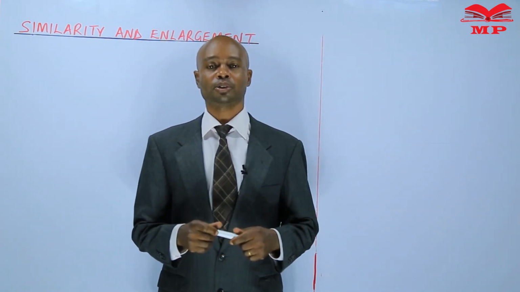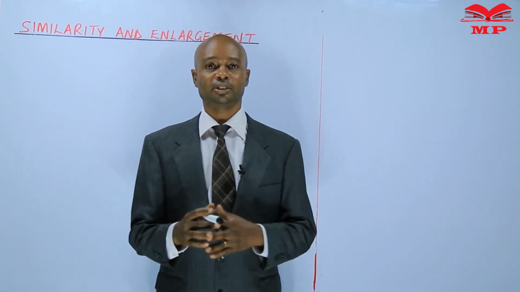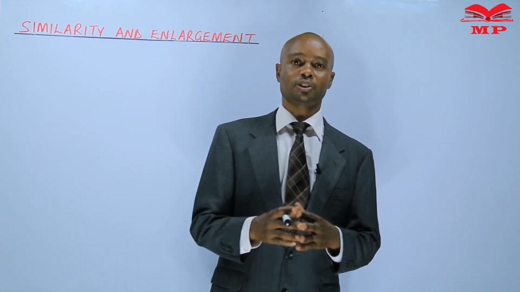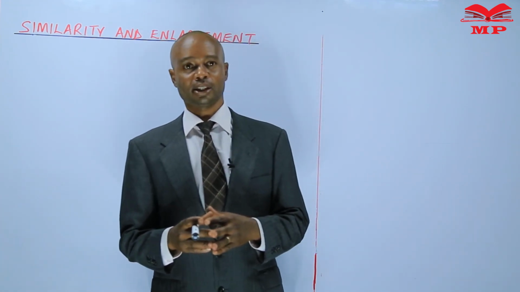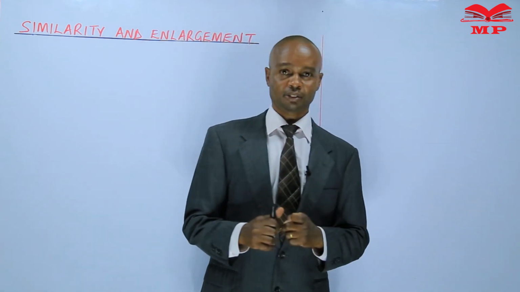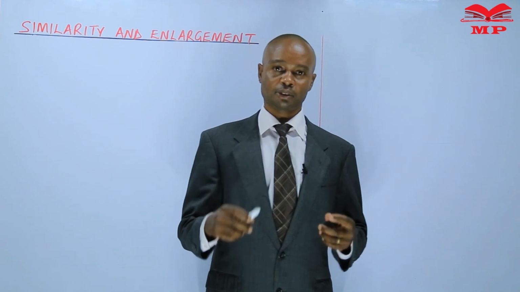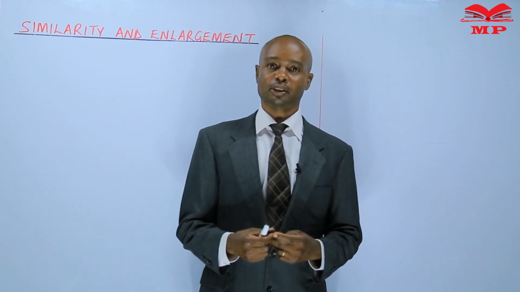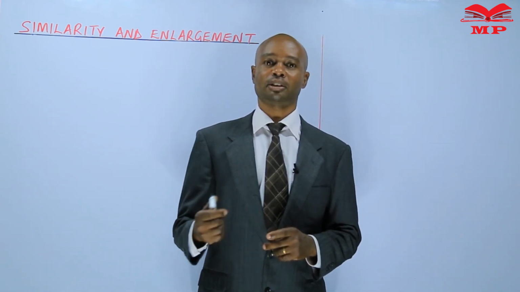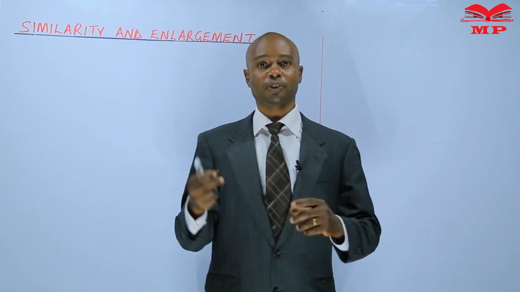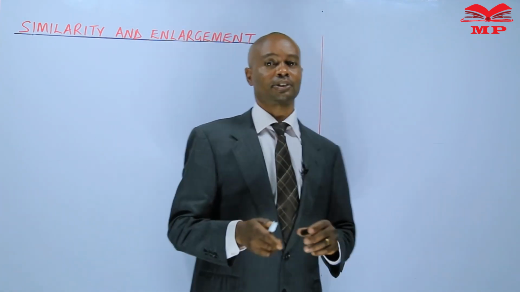In the last lesson, we looked at enlargement of two rectangles using a positive enlargement and a negative enlargement. Today we shall still dwell on enlargement when given a scale factor, but we are going to look at what happens when we have triangles.